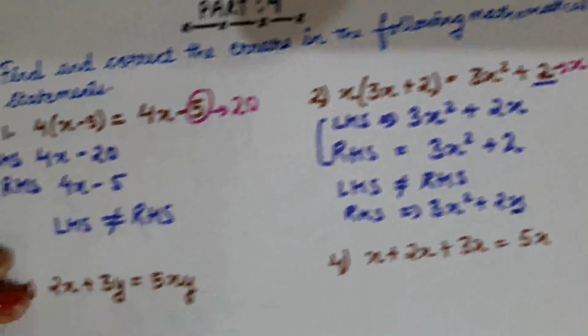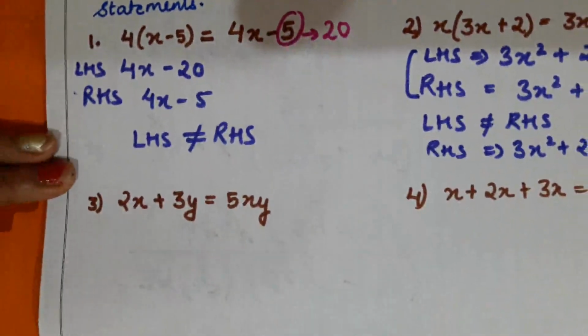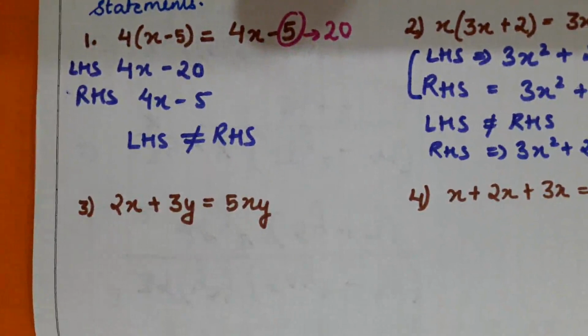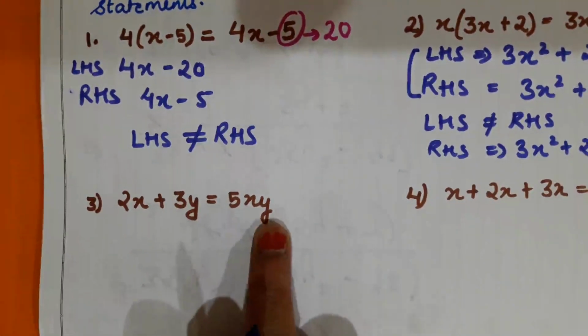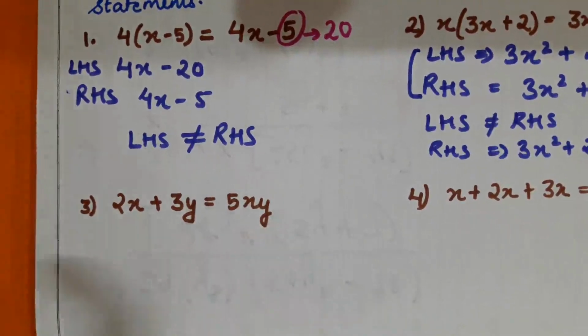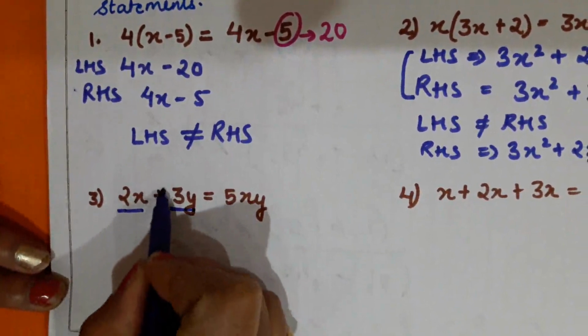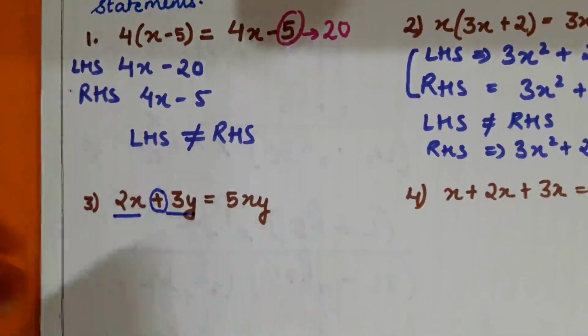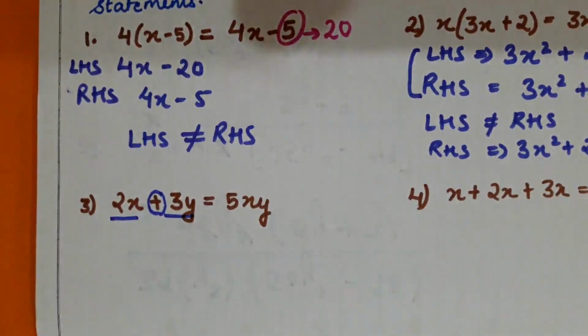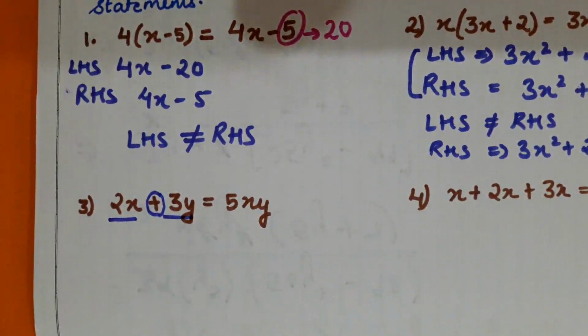Okay, now let's move to the next part, the third part. Third part is 2x plus 3y. It gives you 5xy. Now here two terms are there, 2x and 3y, with a plus operator. We can use the plus operator only when they are like terms.